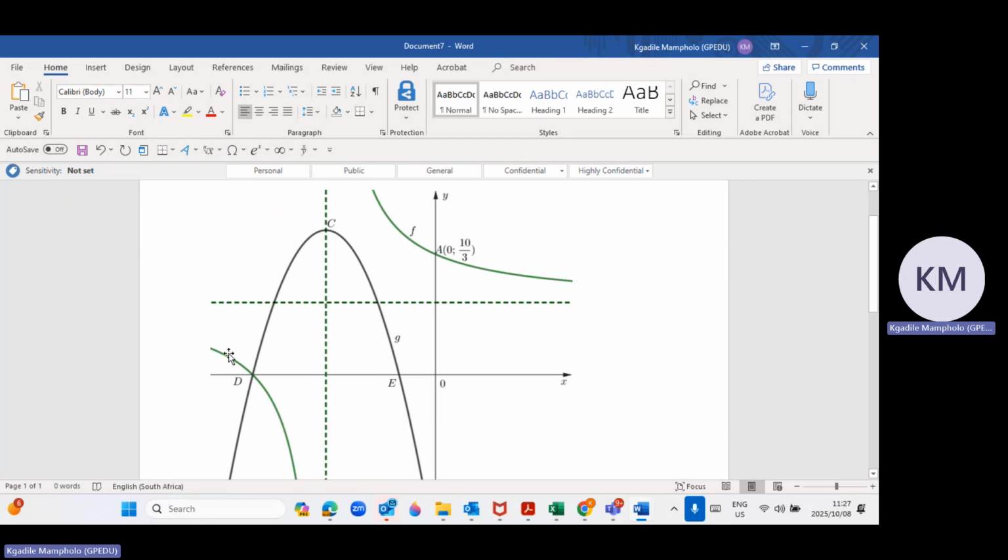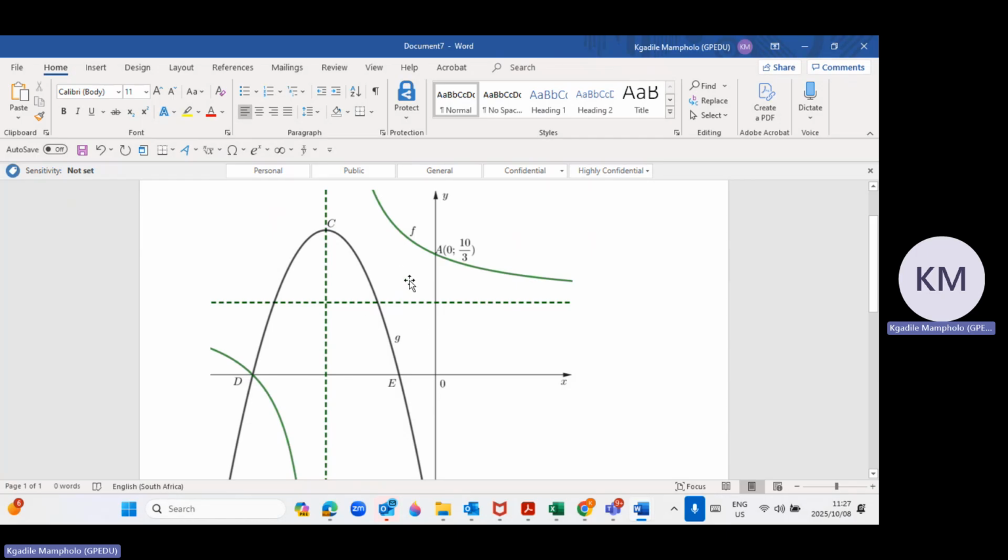And also here, positive by negative, it is a negative. So it means here is also not the solution.